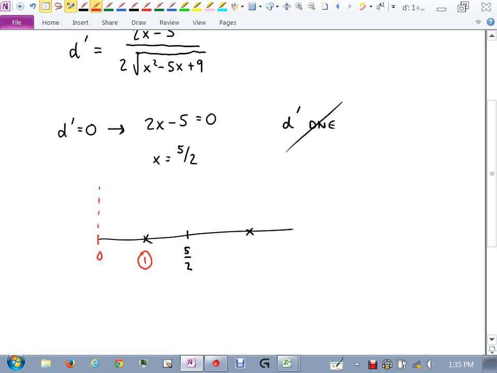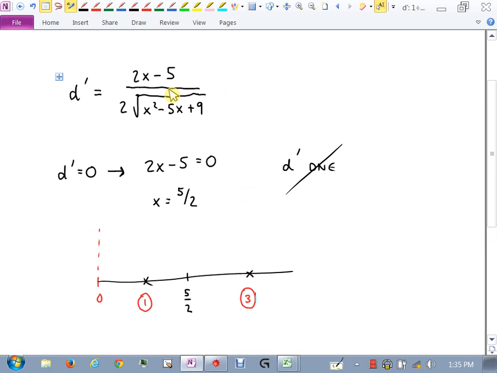Something to the right of 5 halves? 3. I'm plugging those into the derivative. Now, it's just the top I'm worried about, right? I know the square root of all this junk is going to be a positive number. It's impossible for it to come out negative because it's the distance between the 2 points.